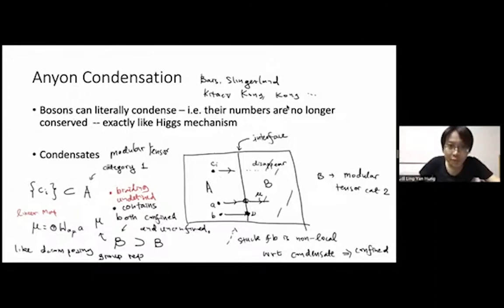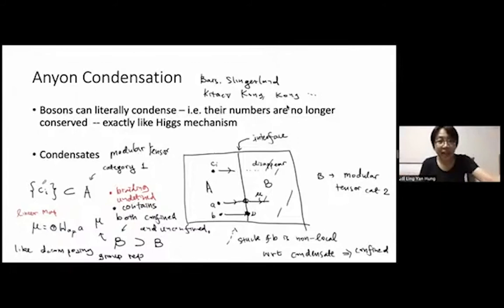So when we talk about condensate, it really corresponds to taking a collection of anyons in A, and these things, initially, are conserved quantities. Each of these anyons, the number of these anyons, is a conserved quantity. Well, okay, an anyon and its anti-anyon can annihilate.